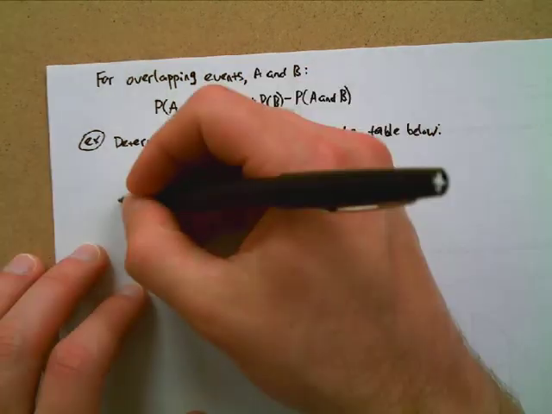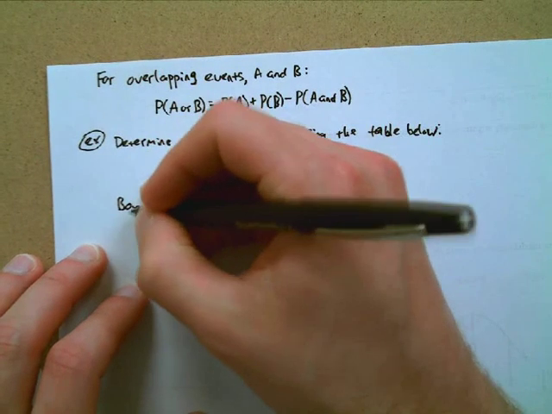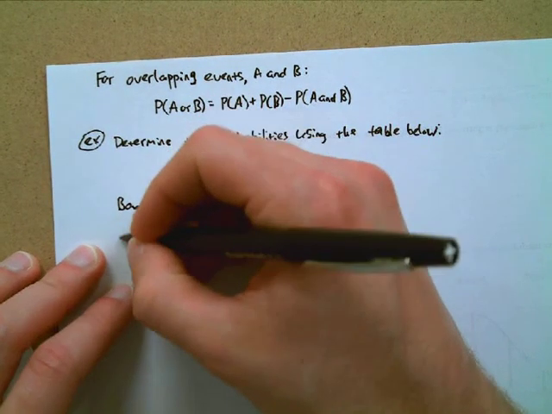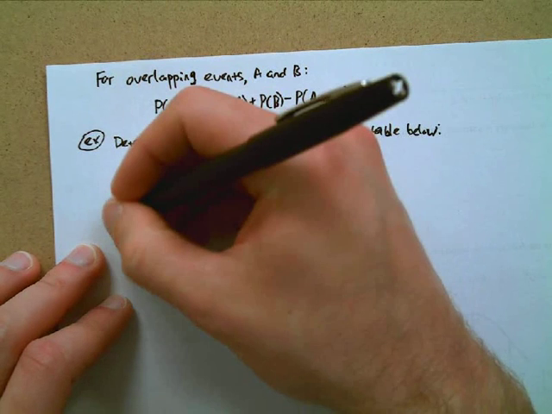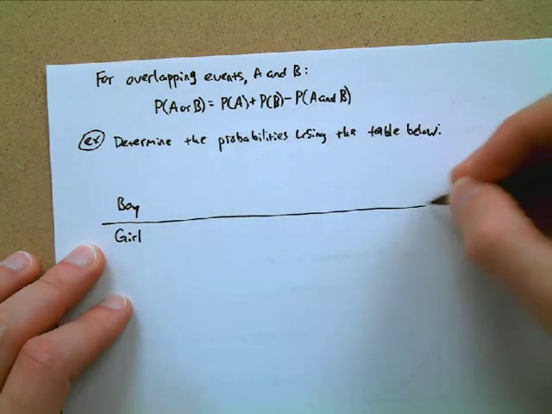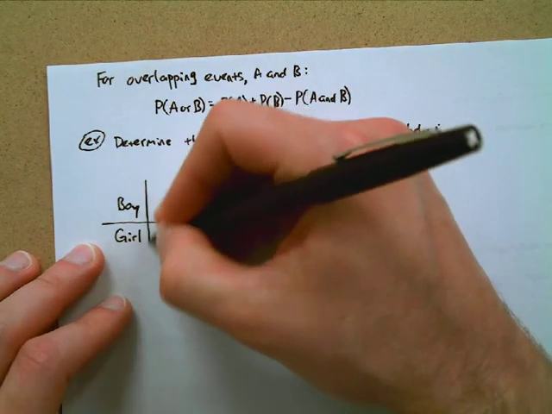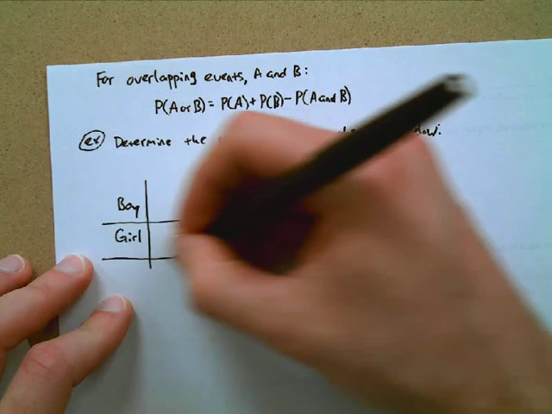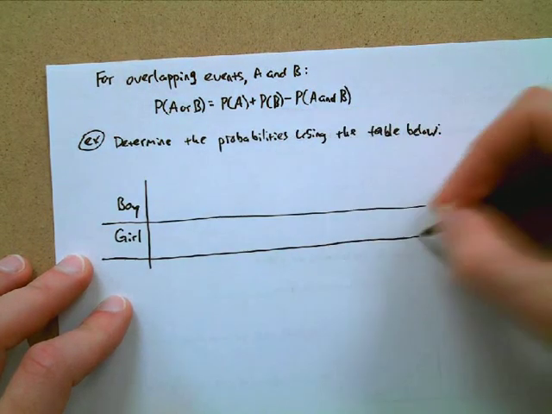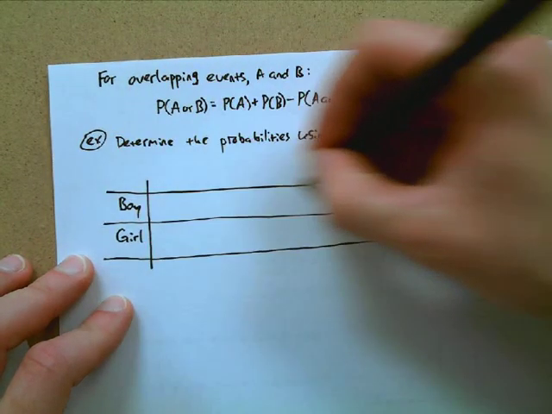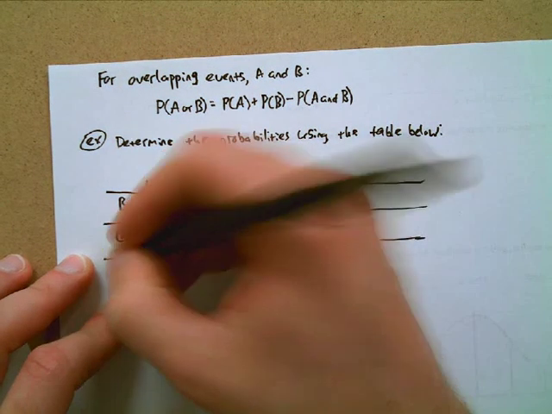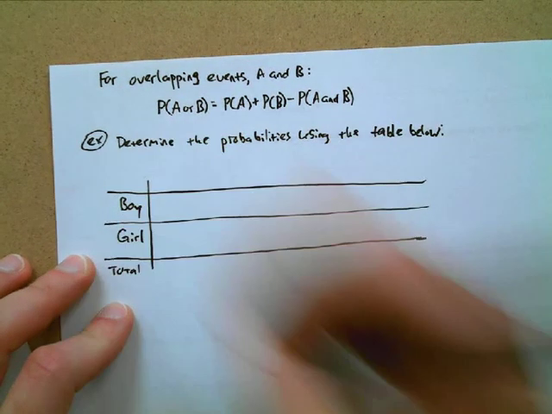You guys may remember these from Algebra 1. Okay, and for simplicity's sake, we're just going to talk about boys and girls. I know that there are other options nowadays, but we're just going to make it easier to deal with, and I don't mean to insult anybody. All right, boy, girl, and then we'll do a total here too.